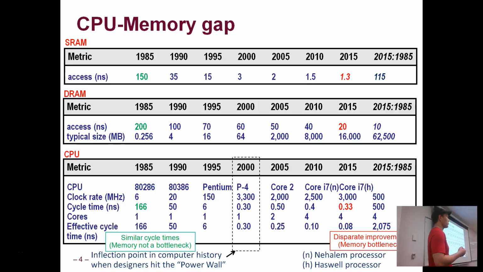This is what's driving Intel to put a whole bunch of cache memories close to the CPU, just because of this disparity. One of the things you'll notice is that at around 2000, the cycle times have sort of peaked. So memory's getting a little bit of a chance to catch up, but still, this disparity is so great that we're going to have these issues with memory speed for a while.